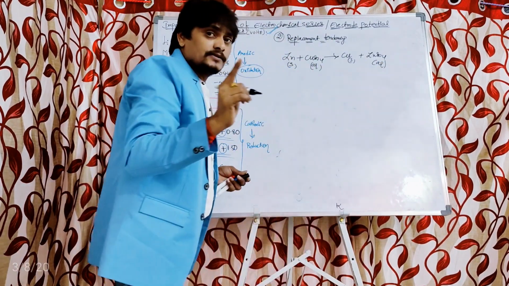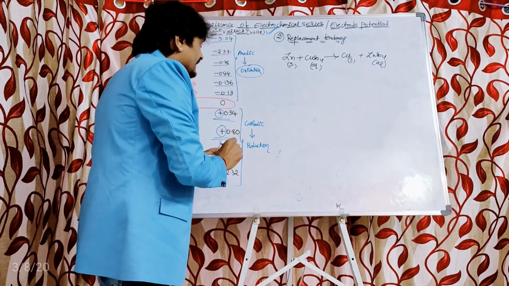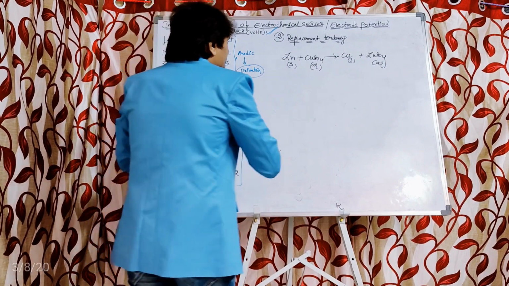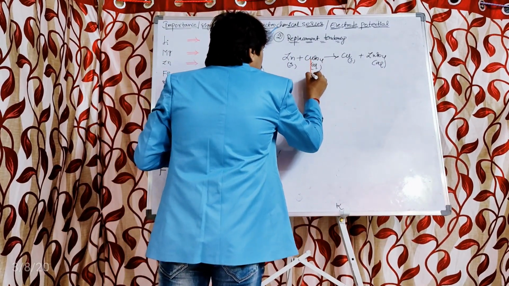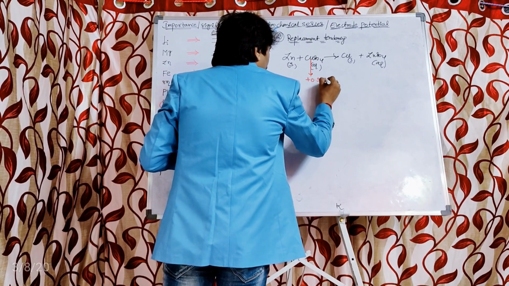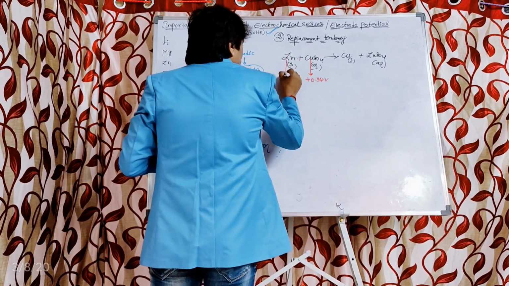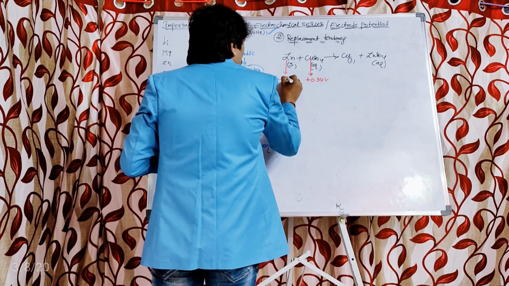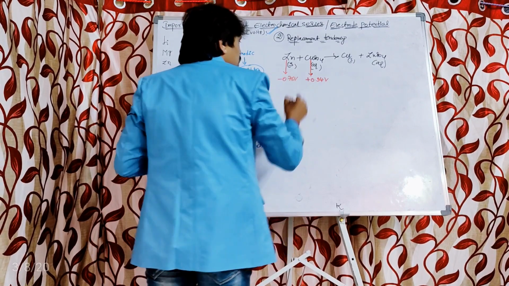Why, students? Because in this case, copper is associated with plus 0.34 volt and zinc is associated with minus 0.76 volt.